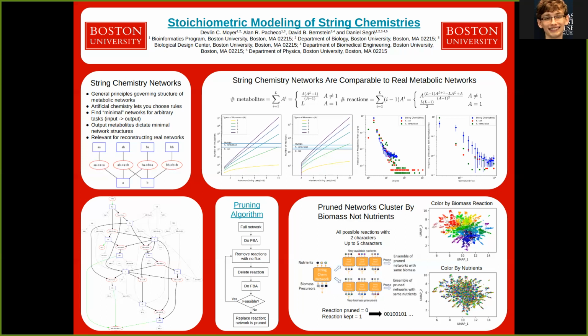And as you can see, there's actually some light clustering by colors going on in the top plot and not at all really in the bottom plot. So this tells us that the structures of pruned networks that have the same biomass reaction are much more likely to be similar than the structures of pruned networks that happen to have the same environment but may not have the same biomass reaction, which is not what we expected, somewhat surprising. It's not immediately clear that one of those would have much more influence over the structure of the network than the other, but here we are.